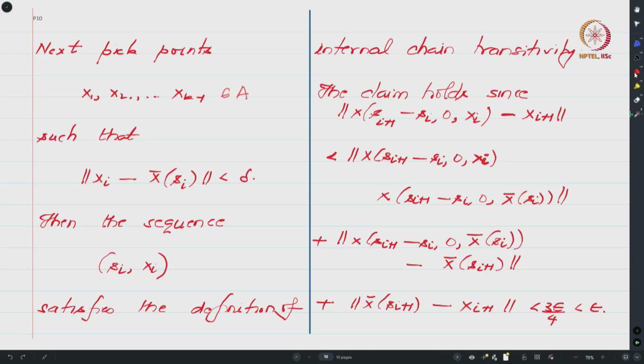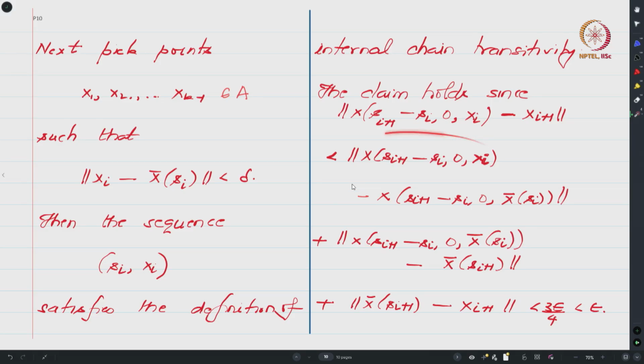I should put a negative sign over here. The second term over here is basically this solution trajectory and the value of the linearly interpolated trajectory at si plus 1, and the last term over here is basically the distance between x bar of si plus 1 and xi plus 1. Now one can see that this term cancels with this, and this cancels with this, and indeed this expression is upper bounded by the sum of these 3 terms by triangle inequality.